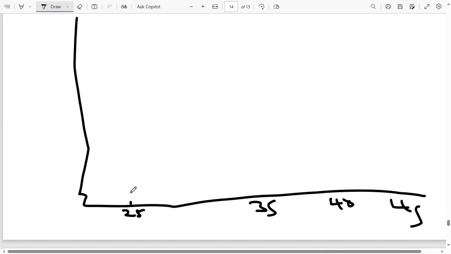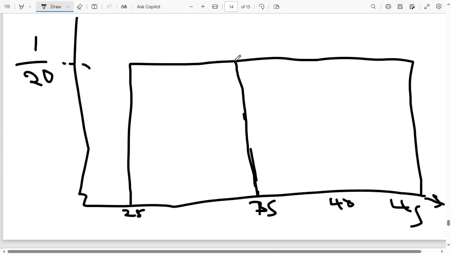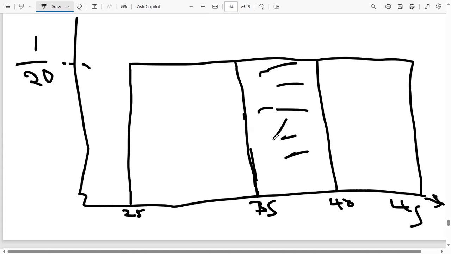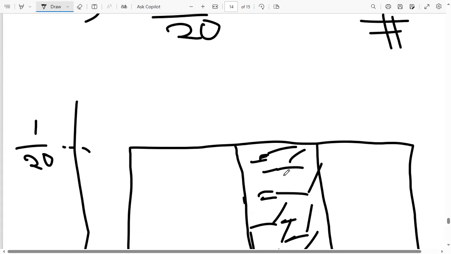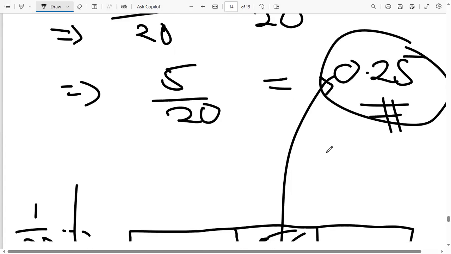Okay, so remember the total area is from 25 all the way up to what? 45. Okay, and then it goes like this. This will be 1 over 20 like this. Okay, so how are we going to set this? We're just going to shade this part. This part here is the area that we are talking about. This is our 0.25.